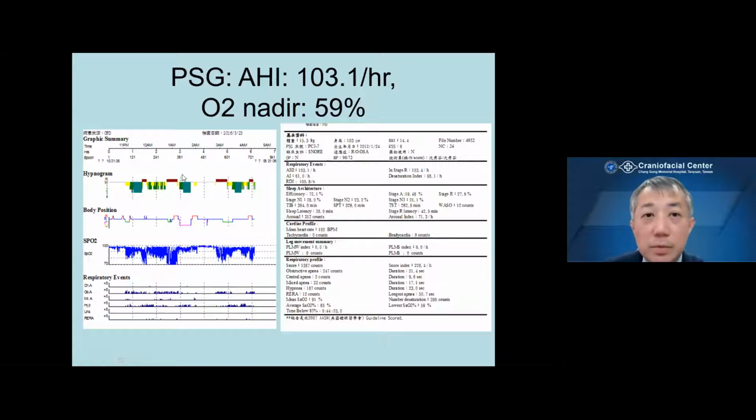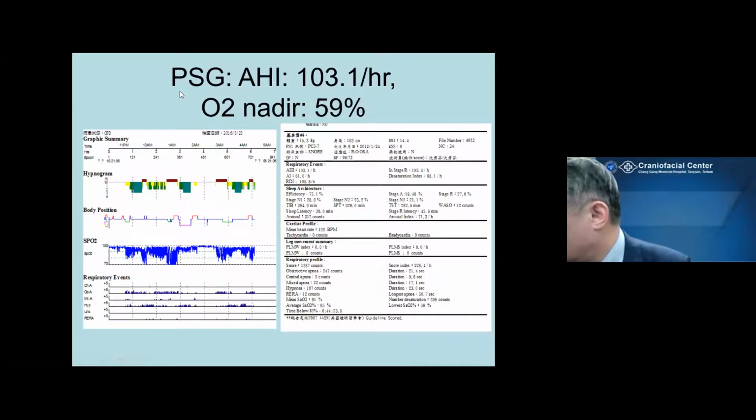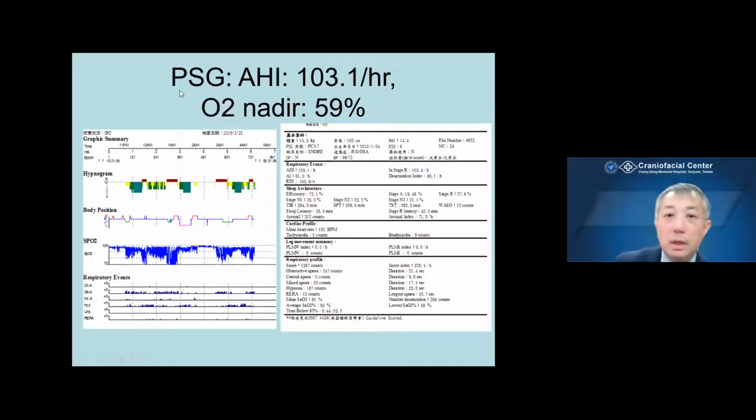So this poor patient has an AHI of 103. That's more than three times the threshold for severe OSA.